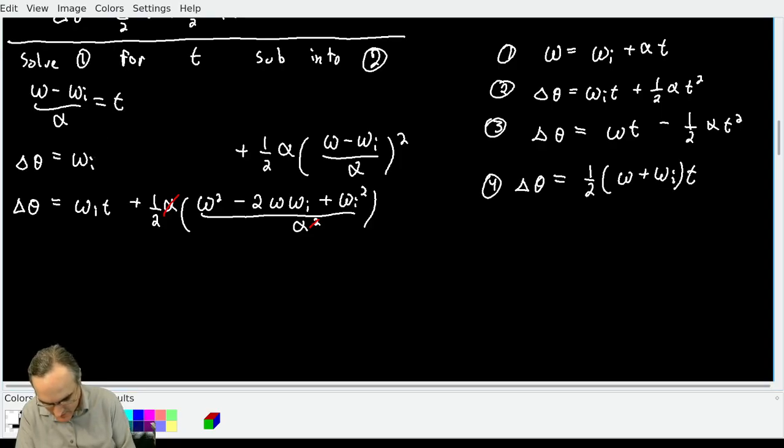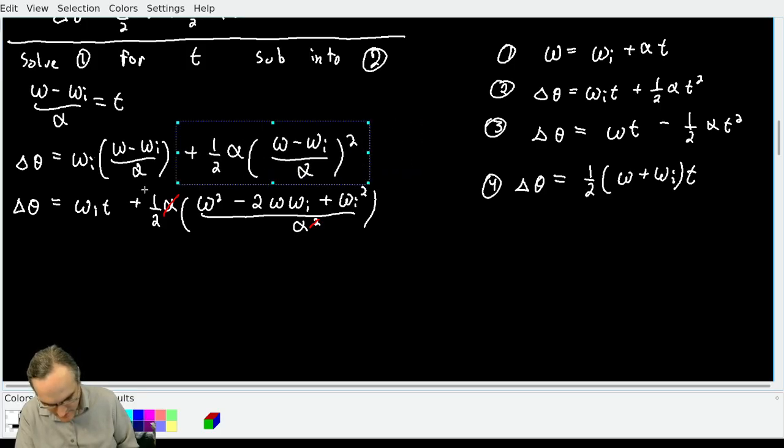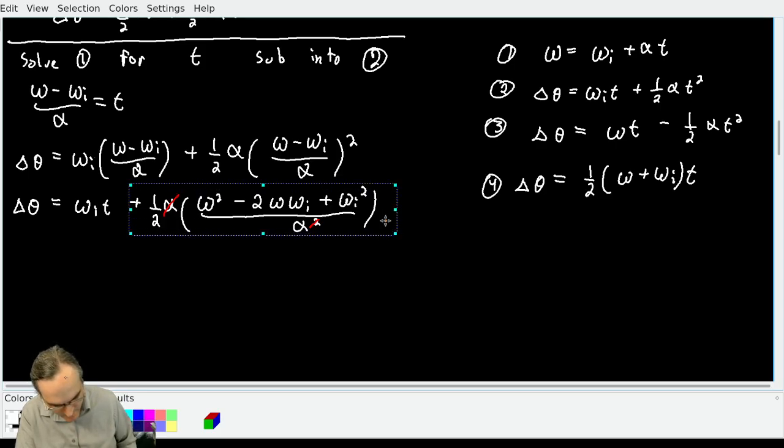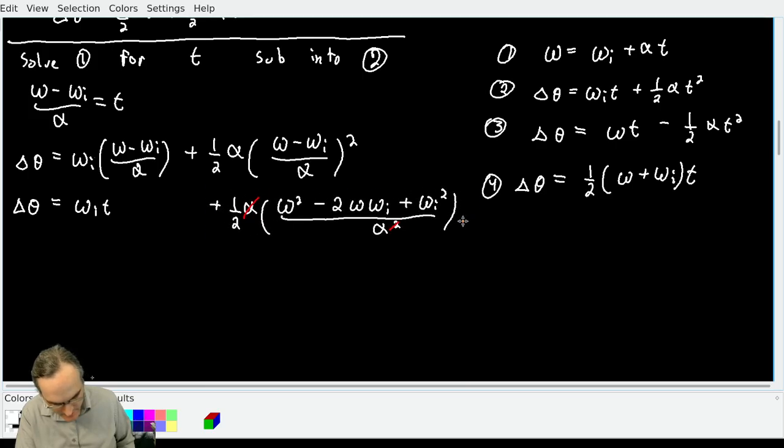All right, so this would have omega minus omega initial over alpha, and then I'll move this back in. And we'll do much the same thing with the bottom. Let's make a little bit of space.